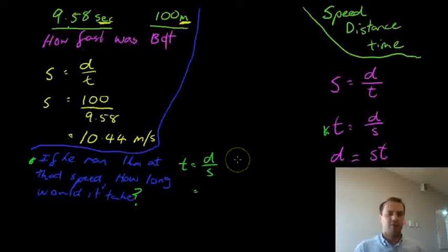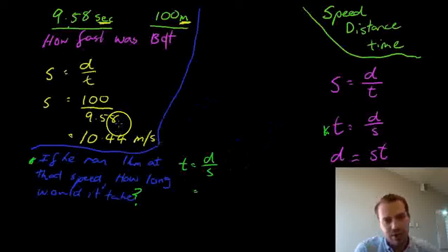Now you need to be really, really careful here because the speed that we're talking about is in meters per second. But I've written this question on purpose to say if he ran 1 kilometre. So you can see our units are different, meters and kilometres. So when we do this, we need to convert that kilometre into metres. So we are actually going to ask the question, if he ran 1,000 metres, that's going to be the distance that he runs.